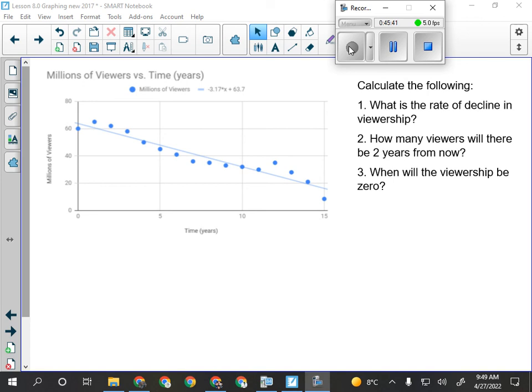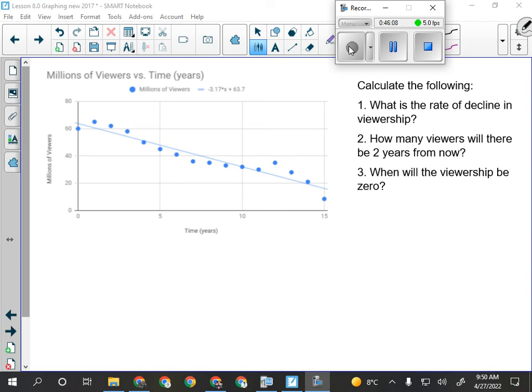The slope of our best fit line is showing us, on average, this many fewer people watch this every year. That's the rate of decline in viewers. That means the rate of decline of viewers is 3.17 million viewers per year. How many viewers will there be 2 years from now?